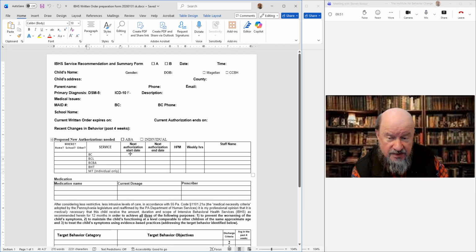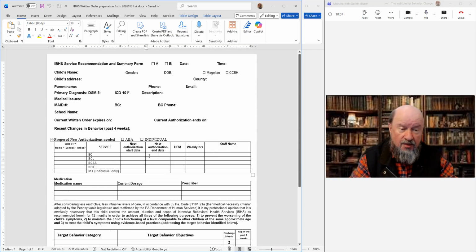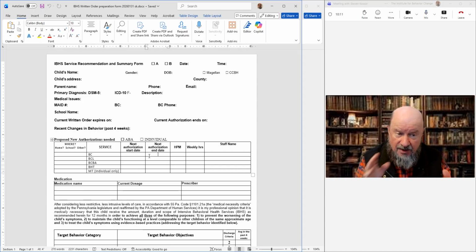The next authorization start date for all of these usually is the very day after the authorization expires. The authorization end date is normally 6 months later. Some insurance companies want us to write a 1-year authorization, so be clear about where that is supposed to end.